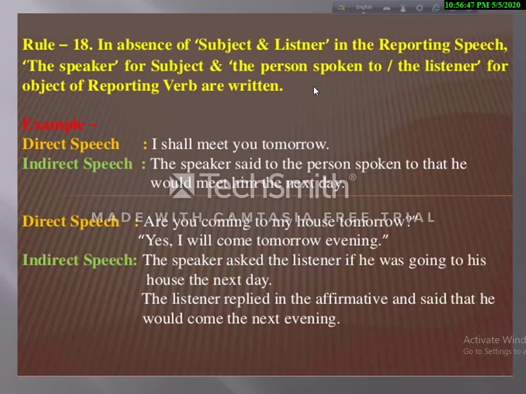In that case, you will write the speaker for the subject and the person spoken to for the listener.